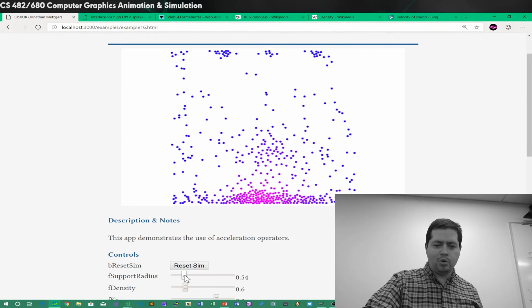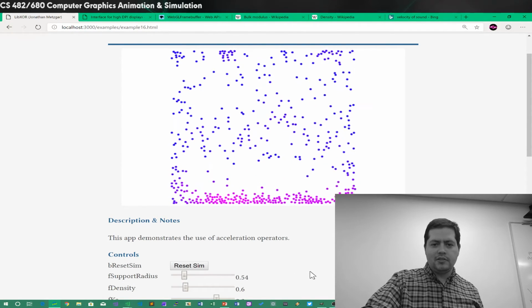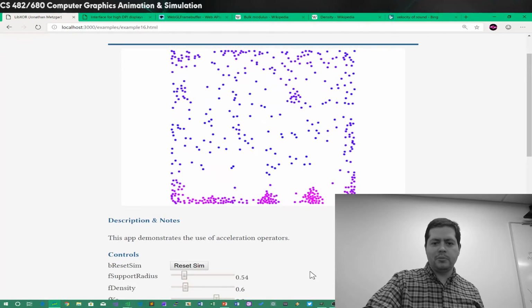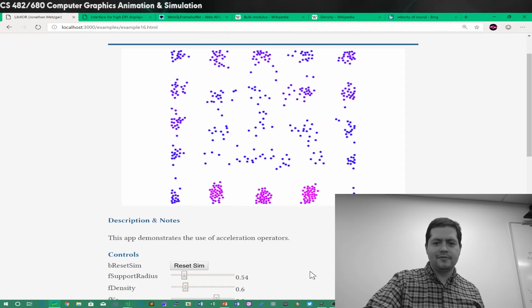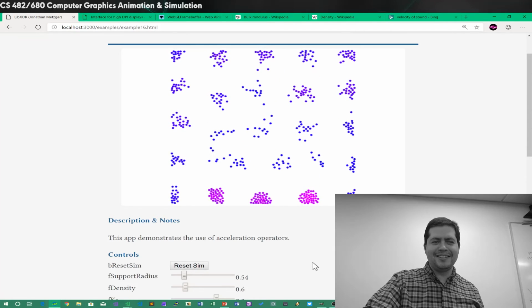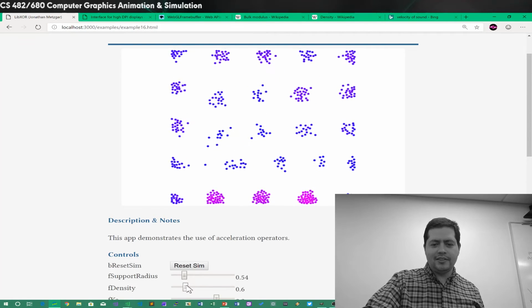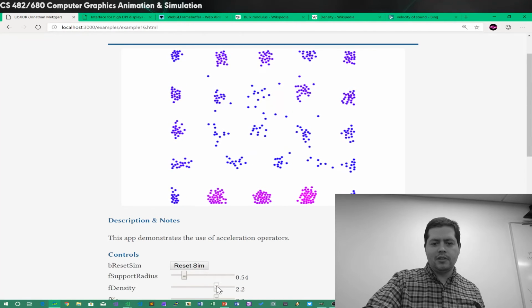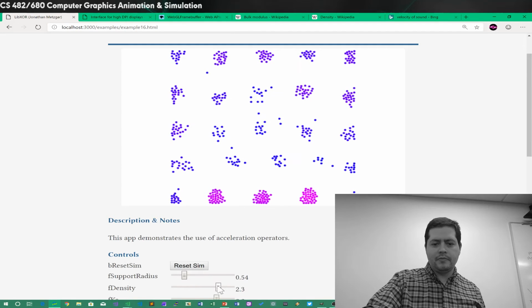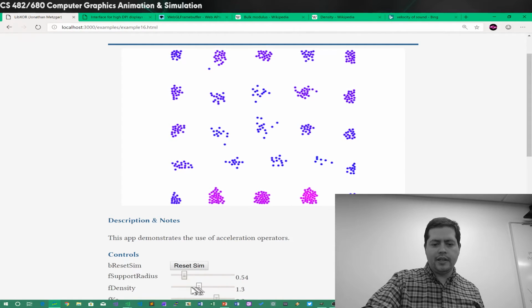If I set the support radius small, then I believe this causes it to group up again into the grid. And if I turn the density up, then they're going to go into a circle.